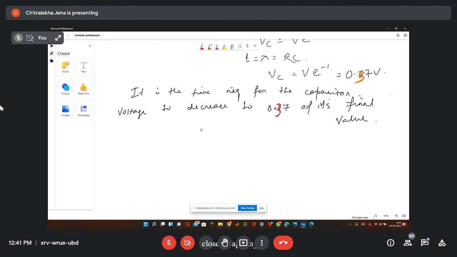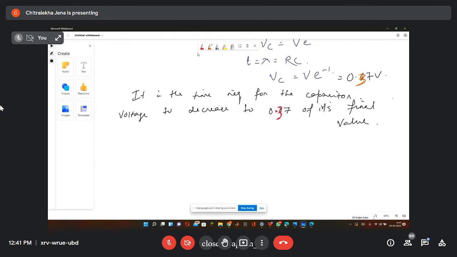So similarly you can write it for the current. Current is equal to Im into e to the power minus t by RC. You put t equal to lambda, that is equal to RC. Lambda is your time constant. Substitute here. How much will you get? It will be equal to 0.37 times the maximum current.